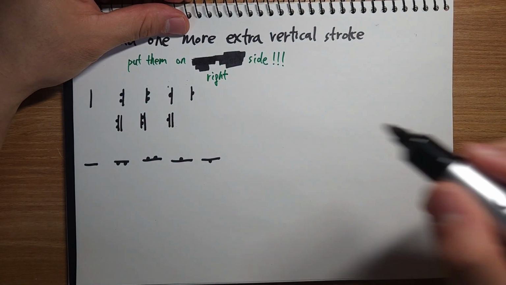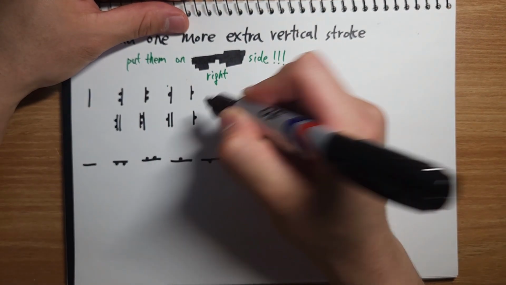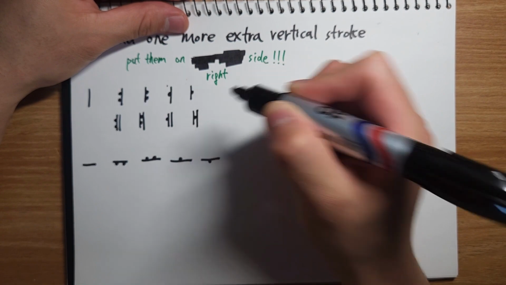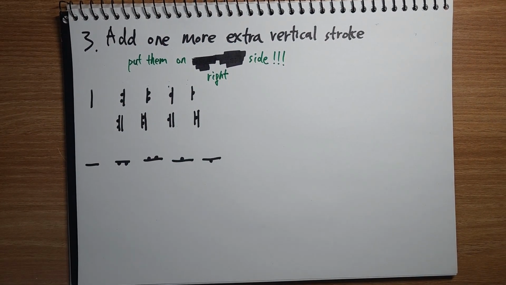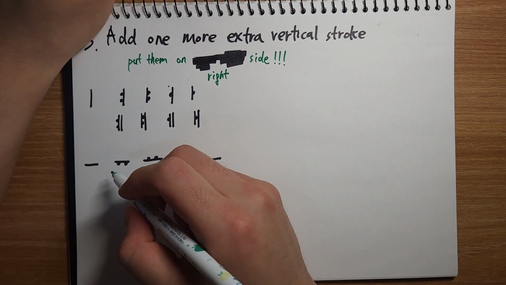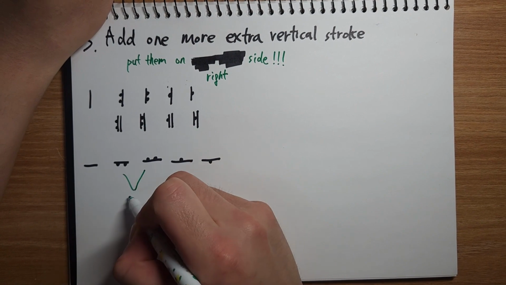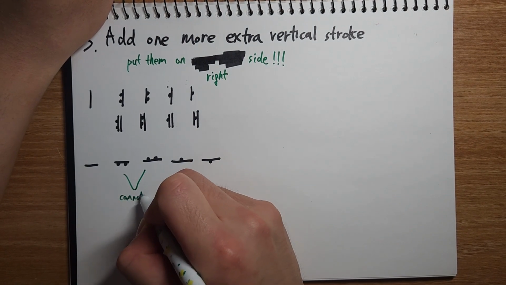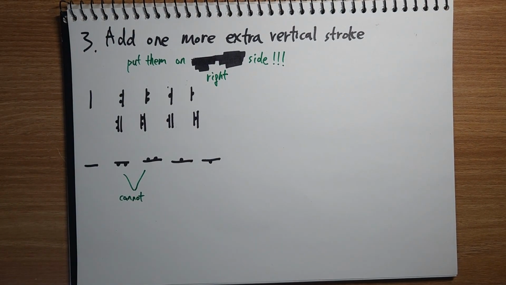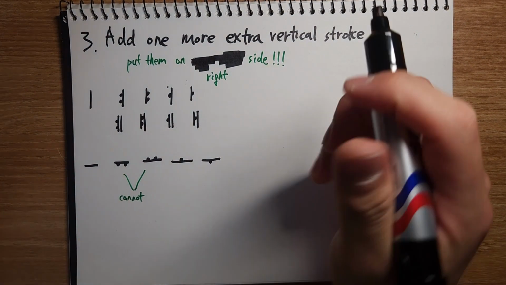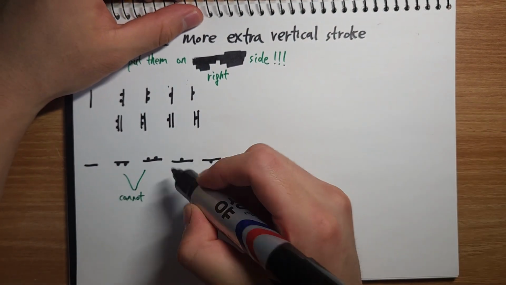And from a, we can make e. And we cannot actually make another vowel from these two. We cannot make another vowel from this, but we can make it from this.